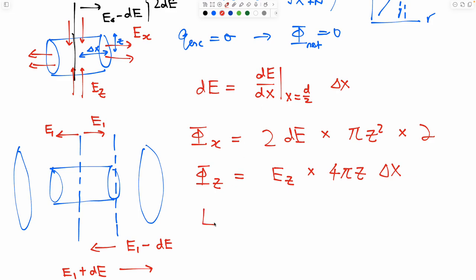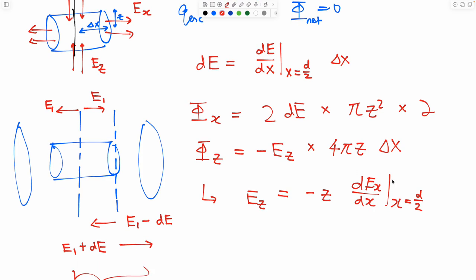From here we equate the flux to determine that Ez is equal to negative z dEx/dx evaluated at x equals d over 2. The negative sign is because technically speaking, the flux is coming into the plane. So up to this point, are you okay?